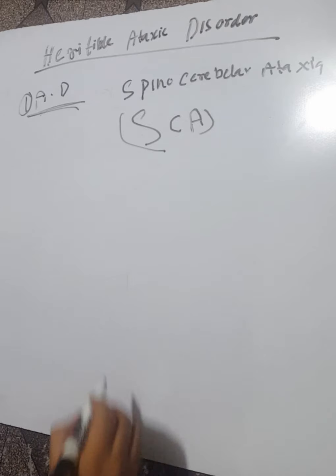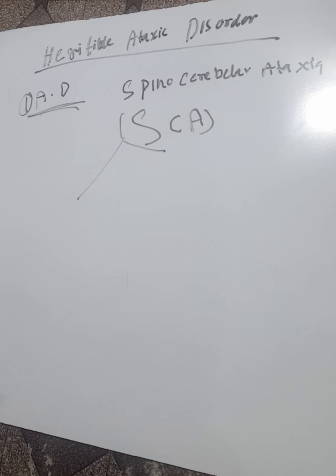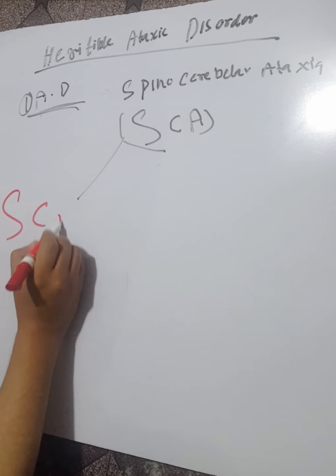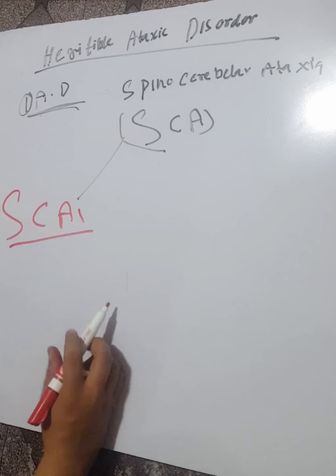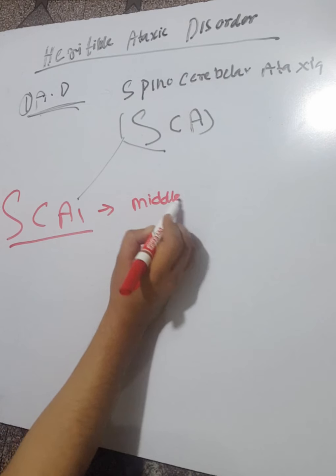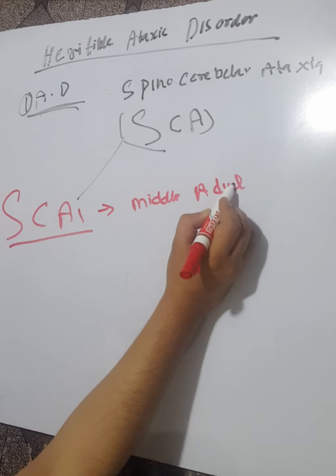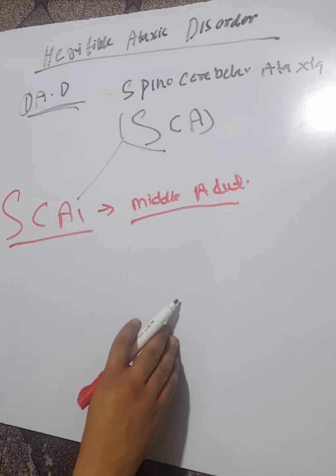There are subtypes of the autosomal dominant ataxic disorders. The first is spinocerebellar ataxia 1, SCA1. SCA1 presents in the middle adult population, or in early childhood or early adulthood.